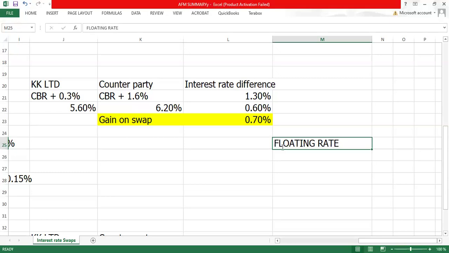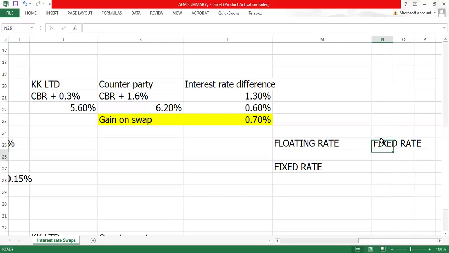If in a swap arrangement it benefits when it is paying a floating rate, then in an arrangement without swap, you start with the fixed rate. If you realize that in a swap arrangement it benefits when it is paying fixed rate, then in an arrangement without swap, you start with floating rate.